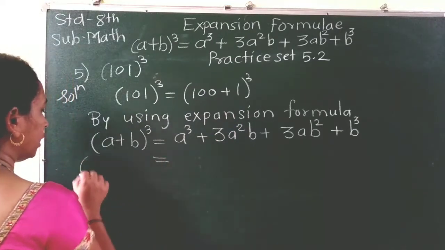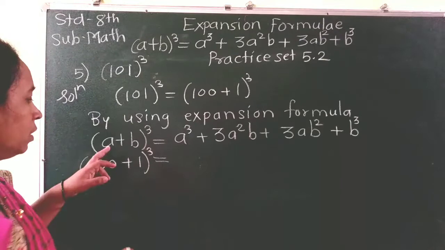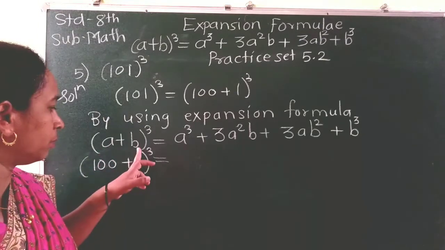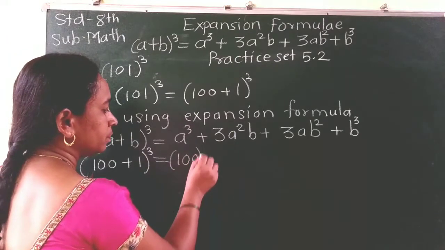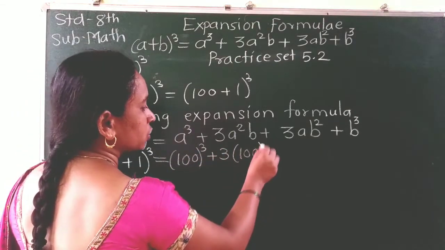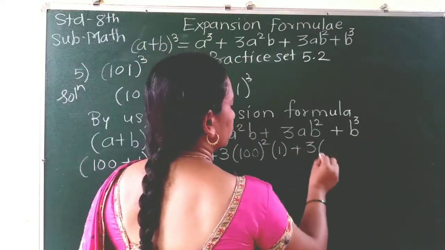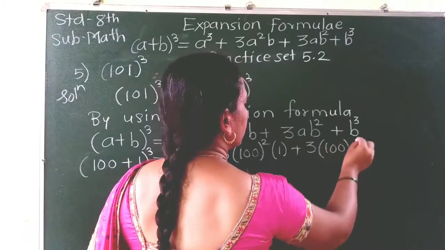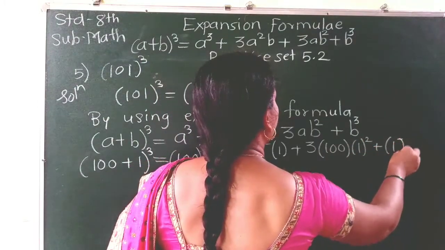So here I'll get (100 plus 1) bracket cube. a is now 100 and b's value is 1. So here 100 cube, plus 3 into 100 square into 1, plus 3 into 100 into 1 square, plus 1 cube.